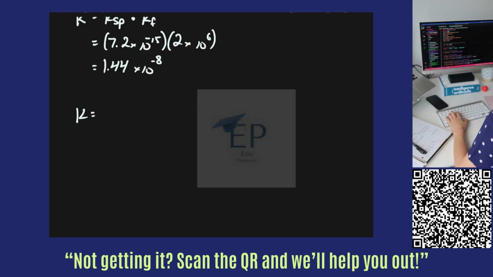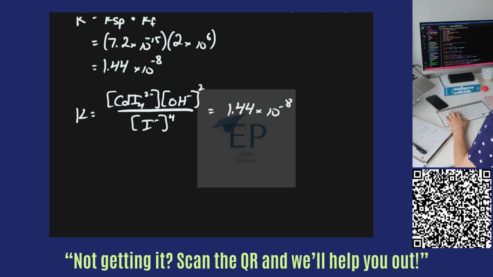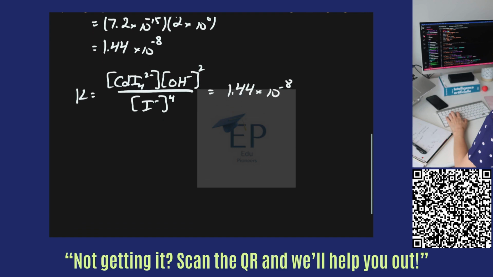Our equilibrium constant expression is [CdI4 2-][OH-] squared over [I-] to the 4th, and this is equal to 1.44 times 10 to the negative 8.